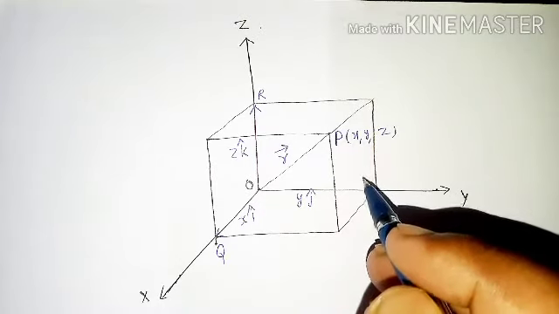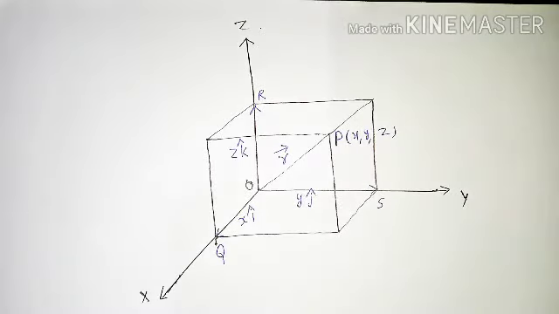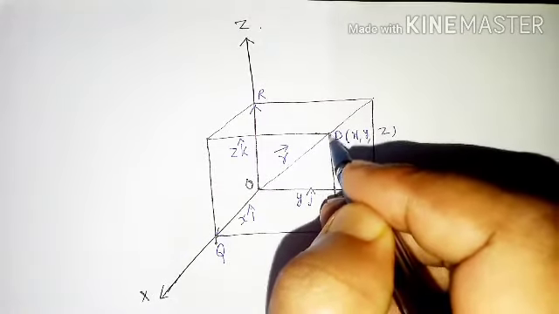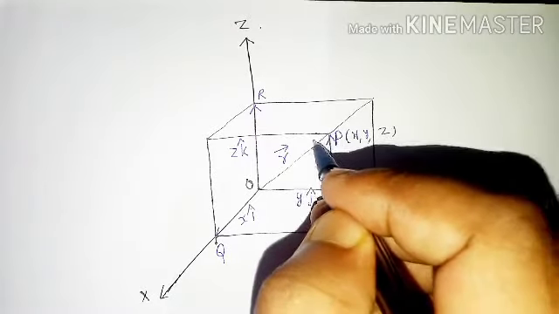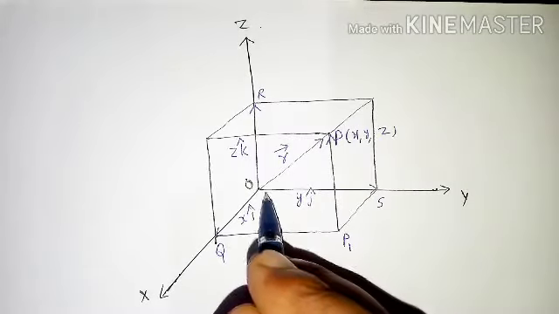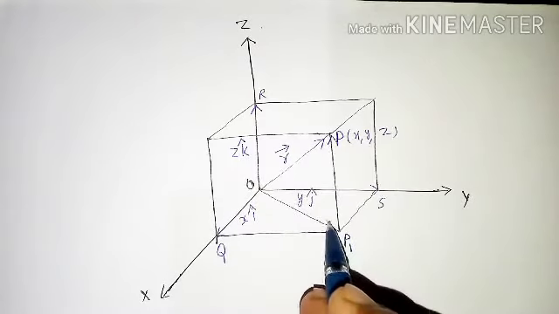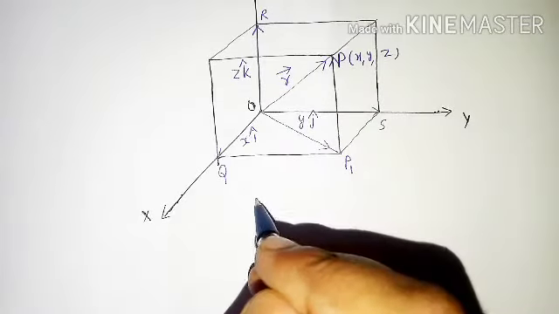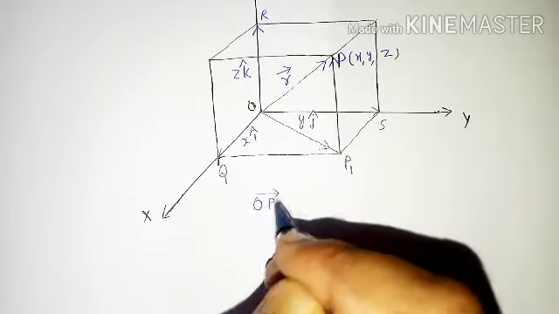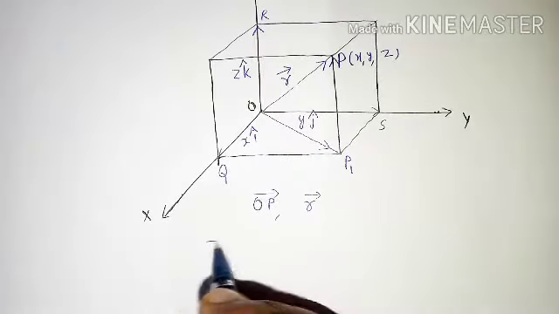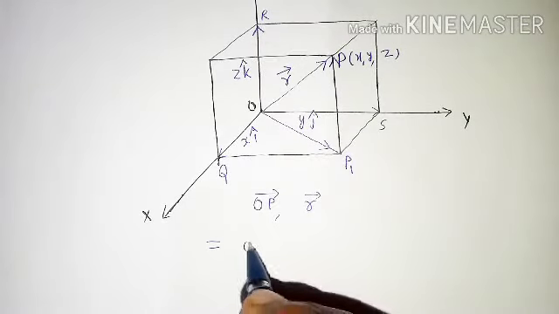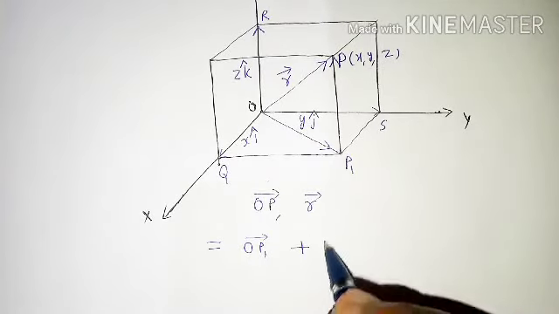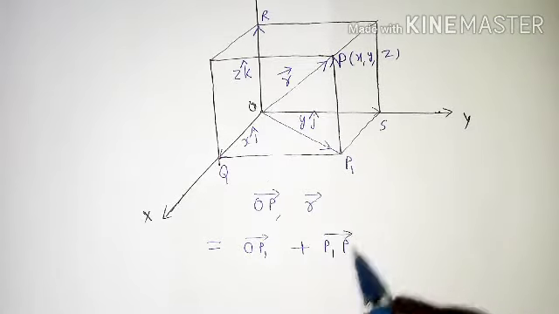So if this is P1, P1P, this is OP, we join OP1. We have to write vector OP, that is vector r, equal to vector OP1 plus vector P1P by the triangle law of vector addition.